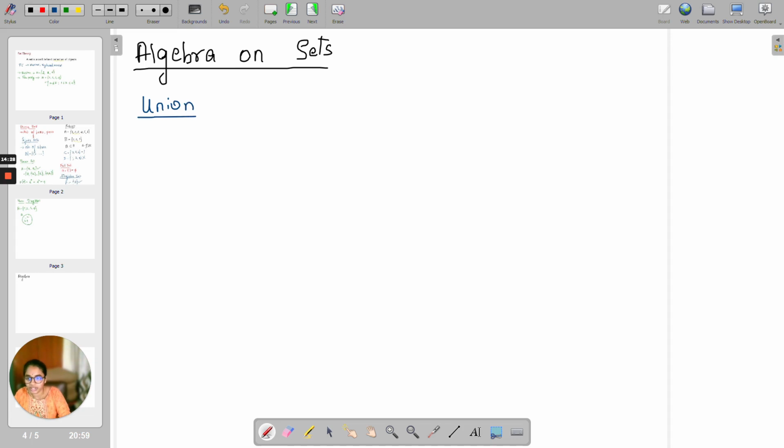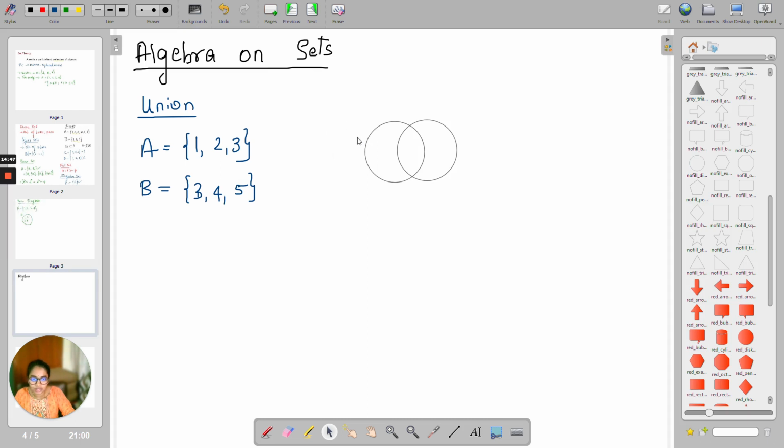Where something meets, right? Let me take the set {1, 2, 3}. Let me take another set {3, 4, 5}. Now let me draw a Venn diagram for this. Now let me say that this is the set A and this is the set B. So now I write 1 and 2 over here.